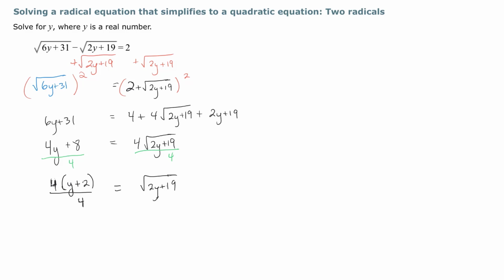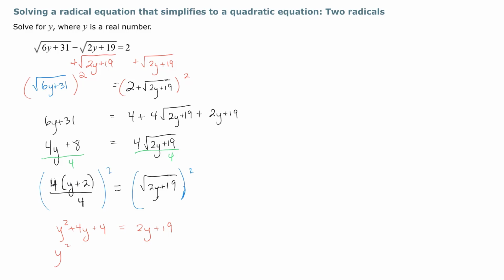Go ahead and square both sides. And if you square both sides again, we're left with y squared plus 4y plus 4 is now equal to 2y plus 19.